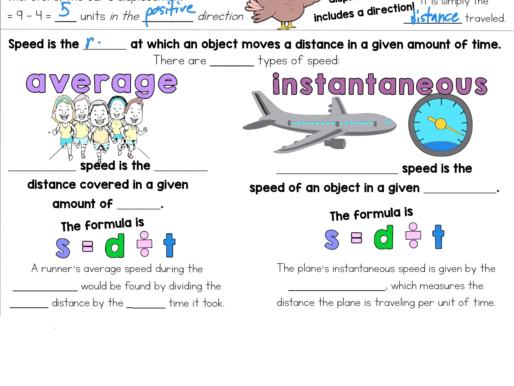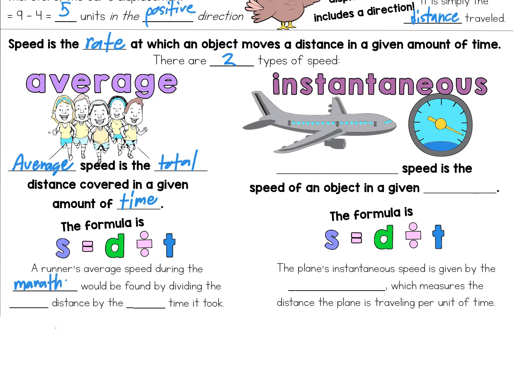Speed is the rate at which an object moves a distance in a given amount of time. There are 2 types of speed: average and instantaneous. The average speed is the total distance covered in a given amount of time. The formula is speed equals distance divided by time.